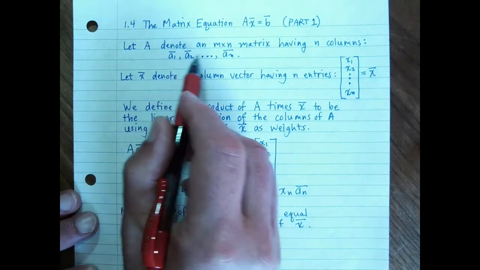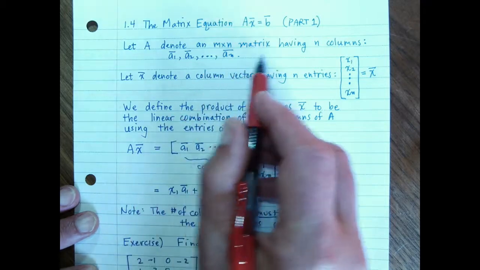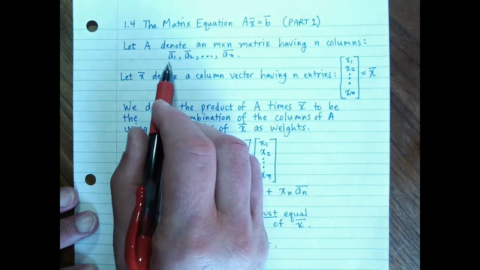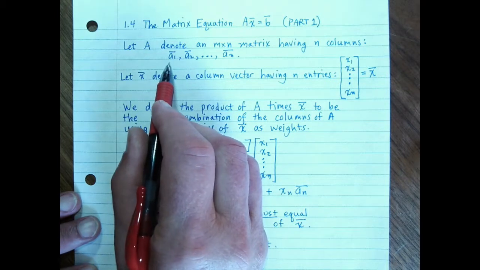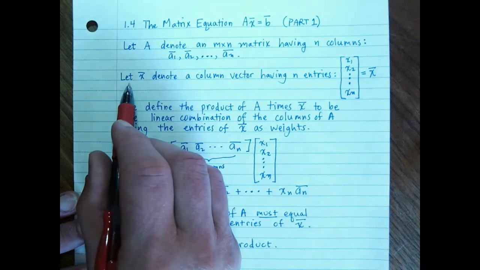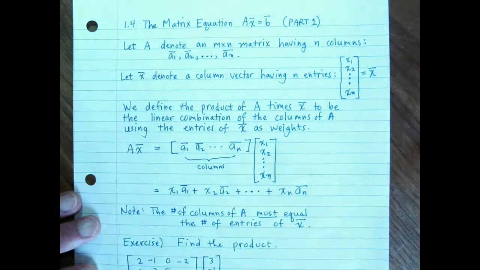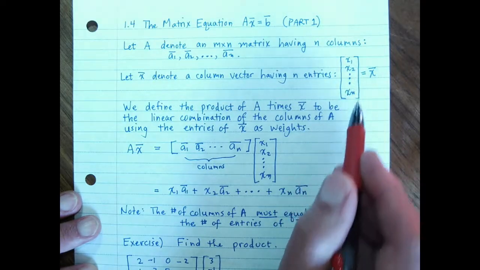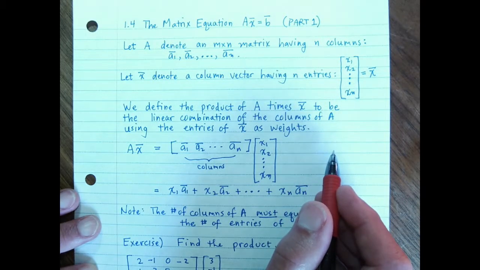Let A denote an m by n matrix having n columns. And we'll denote those n column vectors as A1, A2 to An. Let x denote a column vector having n entries as written, x1, x2 to xn.